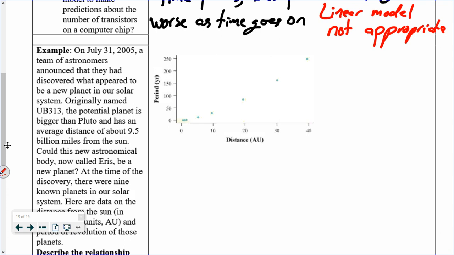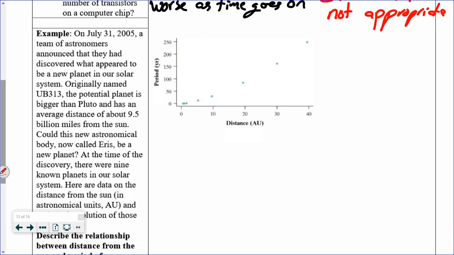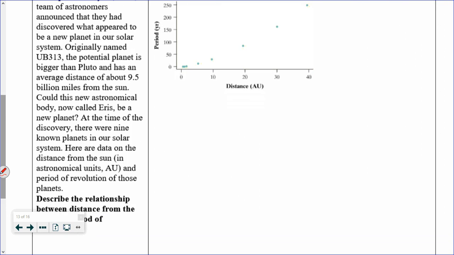Could this new astronomical body, now called Eris, be a new planet? At the time of the discovery, there were 9 known planets, RIP Pluto. In our solar system here, the data on the distance from the sun is in astronomical units called AU. Anyone interested? 1 AU is the distance from Earth to the sun on average. I believe that's 93 million miles. And those are the periods of revolution for those planets.